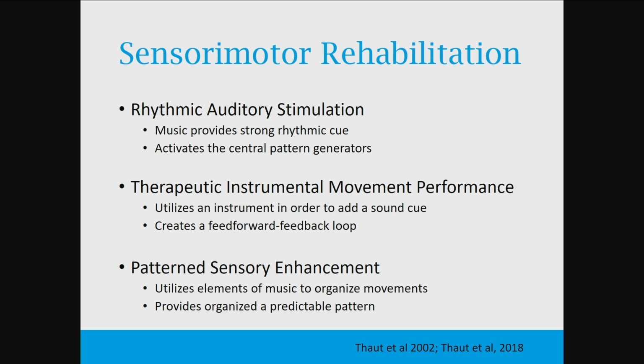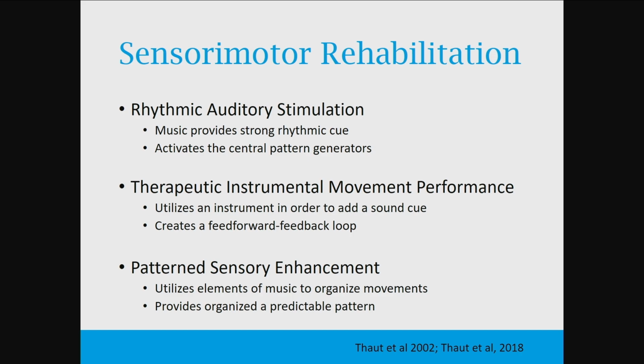Yeah? Okay. Secondly, having a rhythmic cue available also strongly activates our central pattern generators. Our central pattern generators are a cluster of neurons located in the spinal cord, and they're responsible for rhythmical movement. If you think about walking, our walking should be very rhythmical, right?